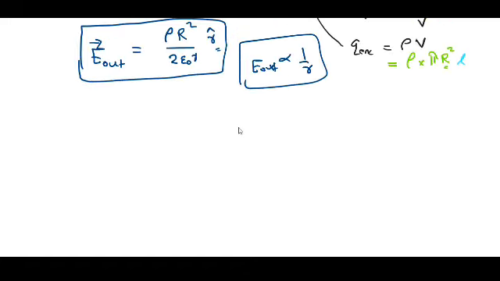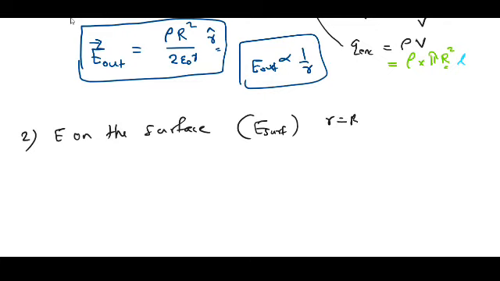Now, to find out the electric field on the surface, that is E on the surface, that is, r is equal to R. Very simple, no need to go for the derivation. Just substitute capital R instead of the small r in the above expression.